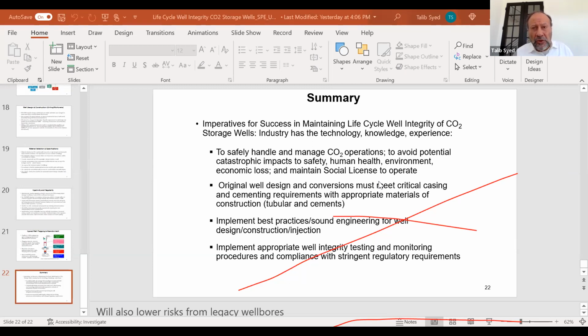But then there are other issues that come up as far as fractures are concerned, because containment of CO2 is critical. So that's the reason why you're not allowed to operate above the frac gradient. If your frac gradient is, let's say, 0.8 PSI per foot or whatever it is, you're only allowed to inject at maybe 90% of that, 80% of that.